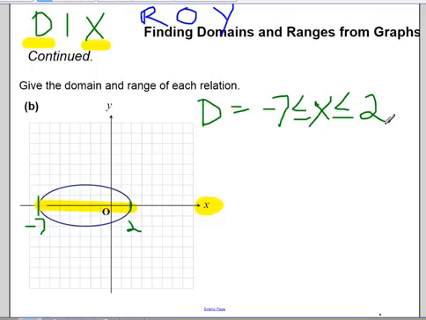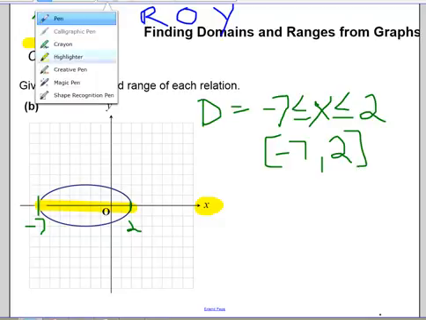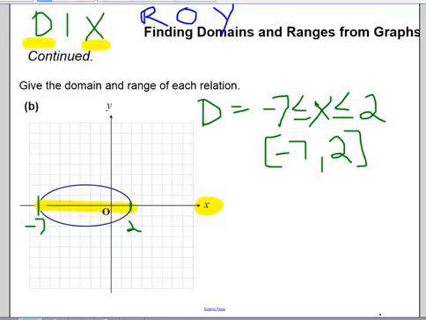Or we can use interval notation using brackets from -7 to +2. That's your domain. The range is your y values, and for the y values, you want to look at how low the graph goes, the lowest y value here to the highest y value here.